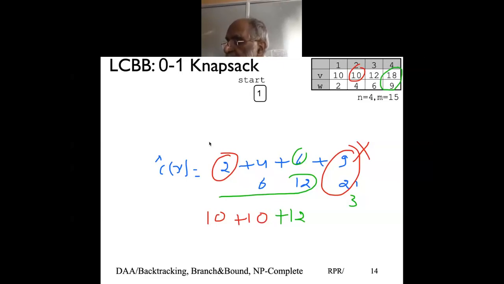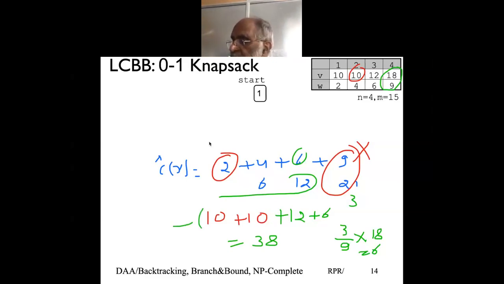That would be 3 by 9 into 18, which is basically 6. So this value becomes 38. And since we are looking at minimization, everything becomes negative, so the value I get is minus 38. And that is what my Cx would be for the root node.